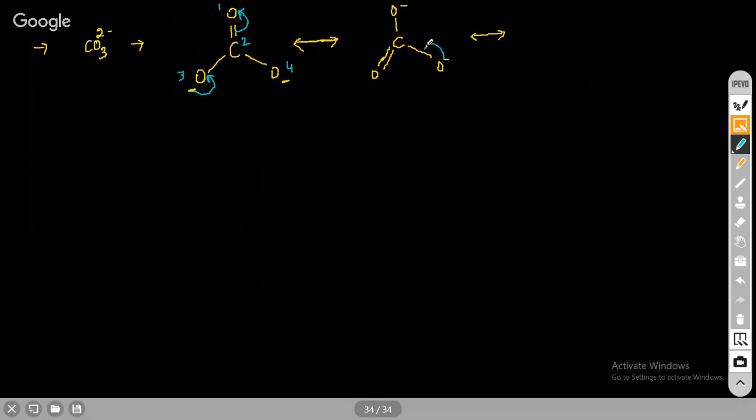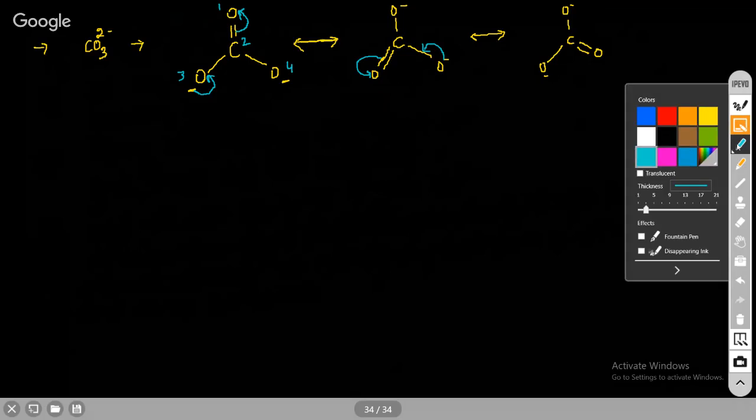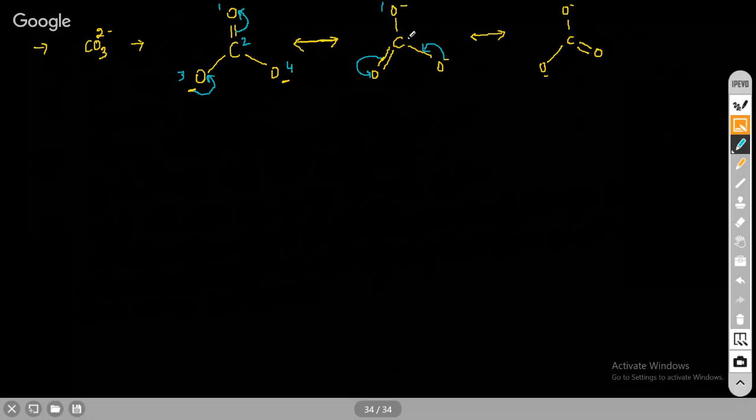This negative charge comes over here, because here also you see pi, sigma, negative charge. Negative charge electron comes over here, and this pi electron goes onto this oxygen, and the structure will be this. C single bond O minus, double bond O, single bond O minus. Now if you see the position of double bond in all these molecules, this is first oxygen, second, third, and fourth.